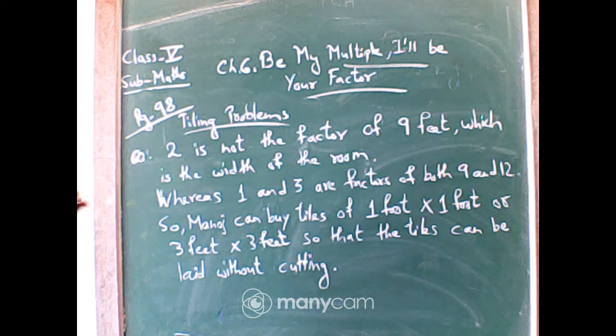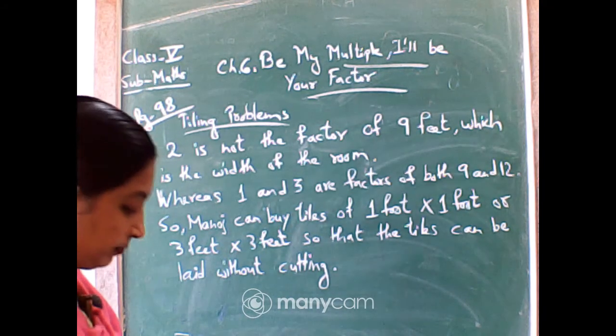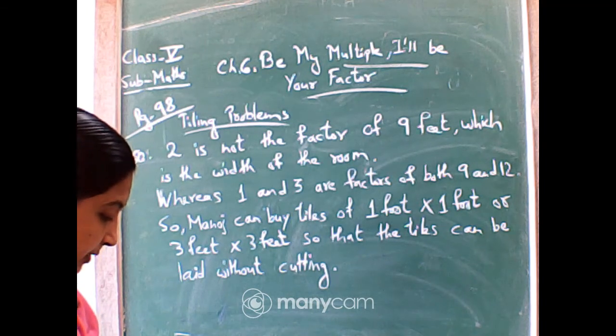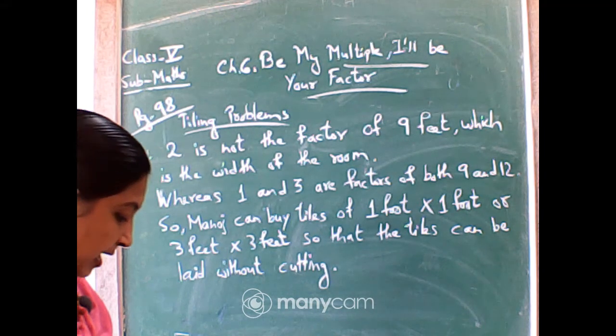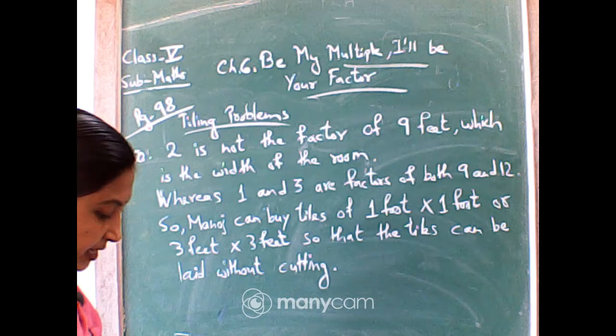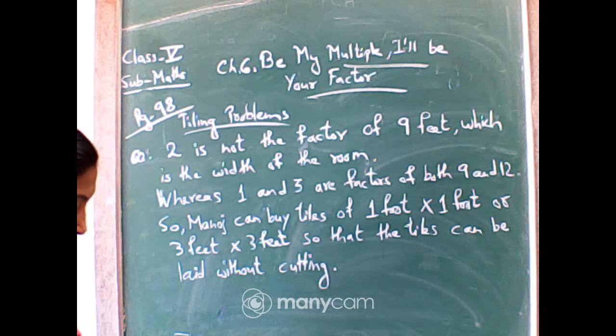Now we will move to the third question. See, I want to complete this chapter today. Now come to the third question quickly. The third question is, Rani, Geeta and Nasima live near each other. The distance from their houses to the road is 90 feet. They decided to tile the path to the road.